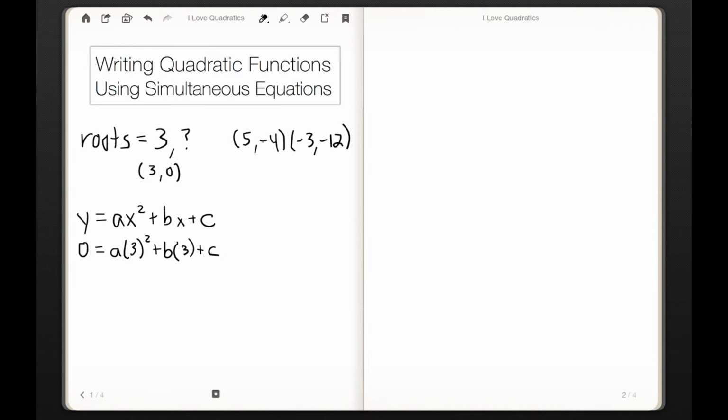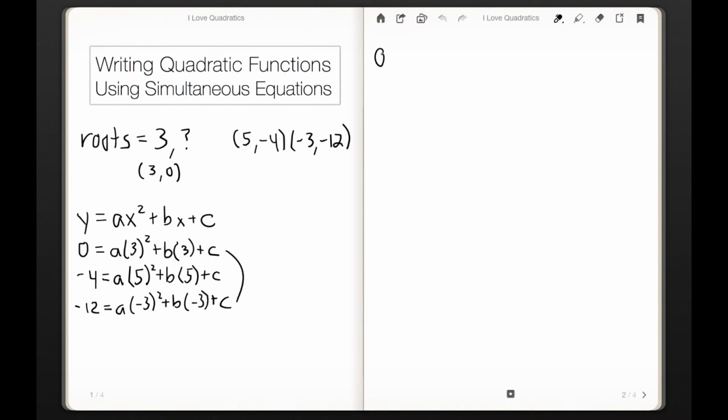Now let's make another equation using this point, 5, -4. So y of -4 equals a times x of 5 squared plus b times x of 5 plus c. And finally this point, y of -12 equals a times x of -3 squared plus b of -3 plus c. So now let's take these 3 equations and just simplify them out with the squares here.